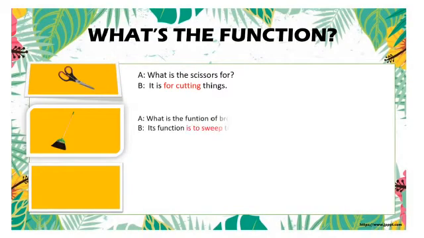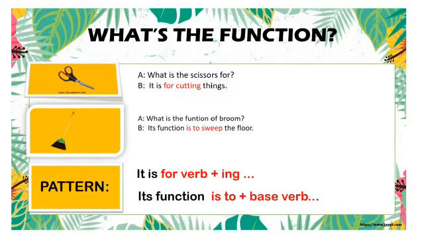Well, now what about when we want to know the function of something? Here are examples of how to ask a question. What is the scissors for? It is for cutting things. What is the function of a broom? Its function is to sweep the floor. The pattern here, when we want to state the function of something: the first pattern is it is for, followed by verb plus ing.